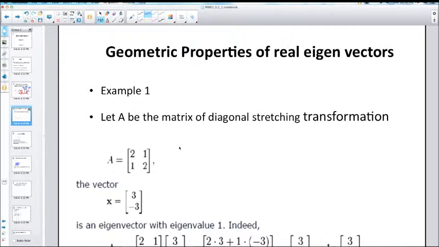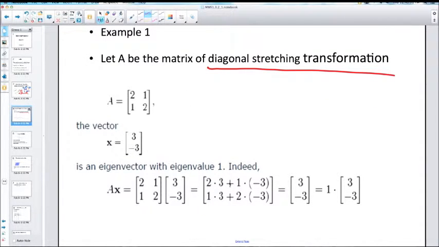This example is called the diagonal stretching transformation. And the matrix is A equal 2, 1, and 1, 2. With a little calculation, we can find that this x equals 3, negative 3 is an eigenvector. Let's do the calculation.